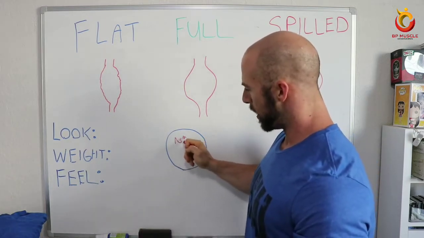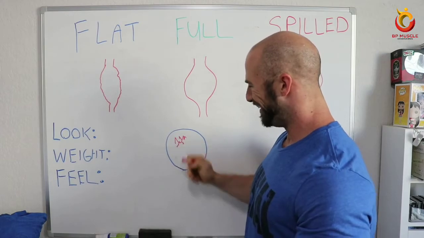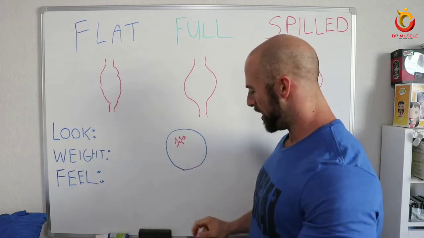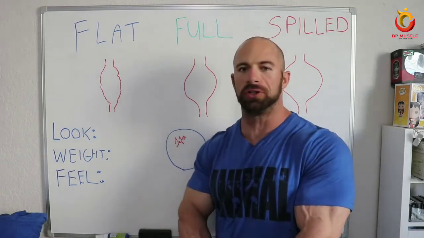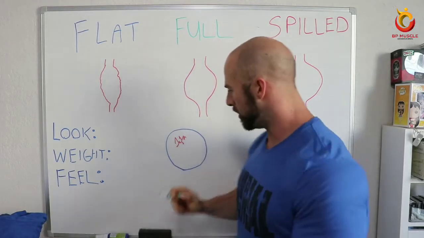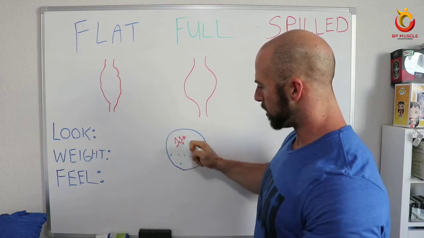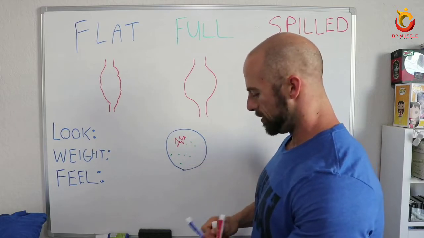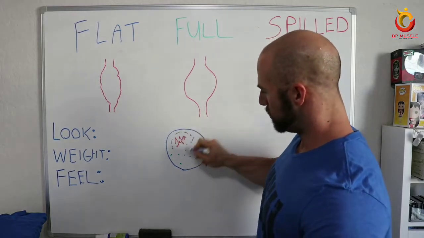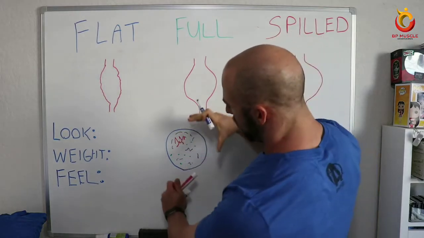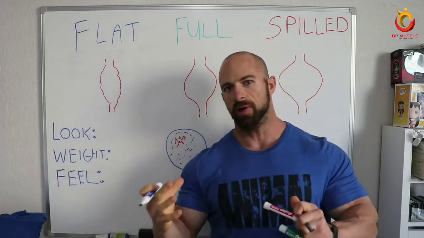Within that cell we'll also have some electrolytes. Intracellular, the main one is potassium. There's also some water present as well, and within this cell is what gives it its volume.